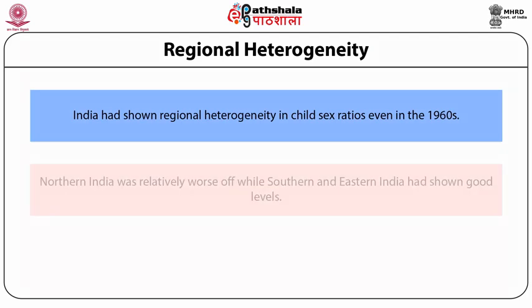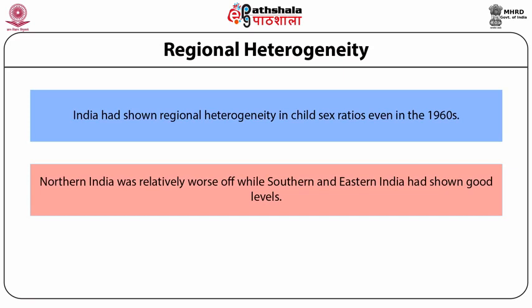You have learned that Northern India was relatively worse off, while southern India and eastern India had good levels traditionally. What we are now looking at is the impact of the misuse of modern technologies on these traditional differences.